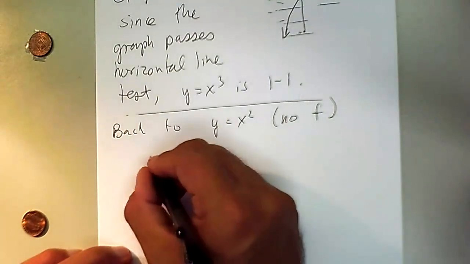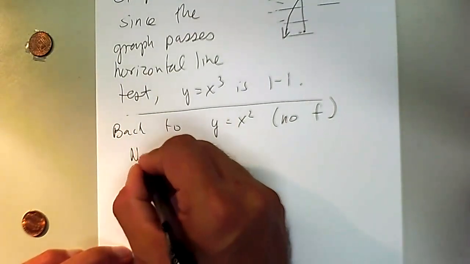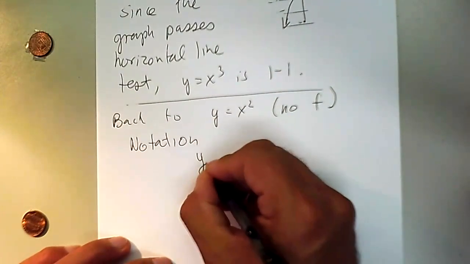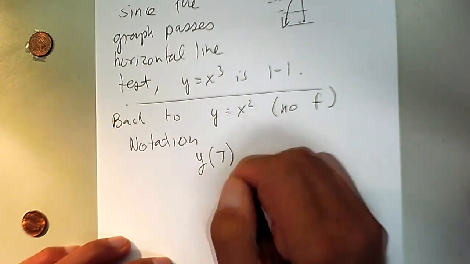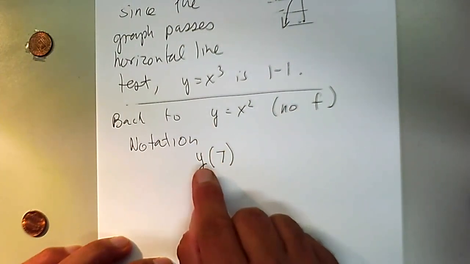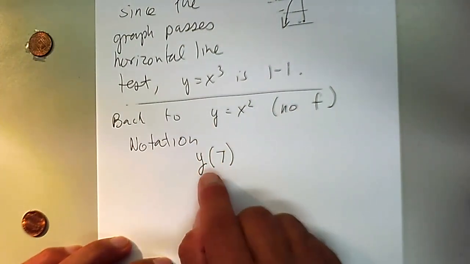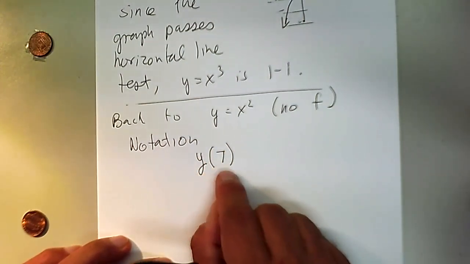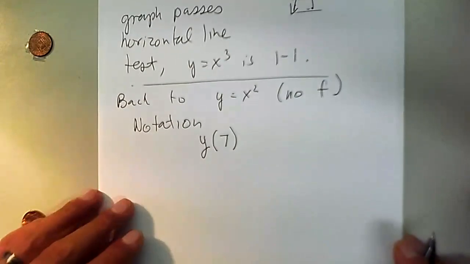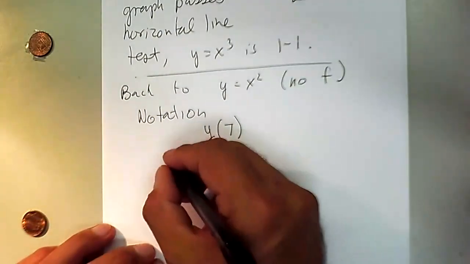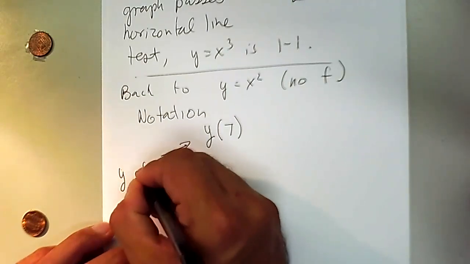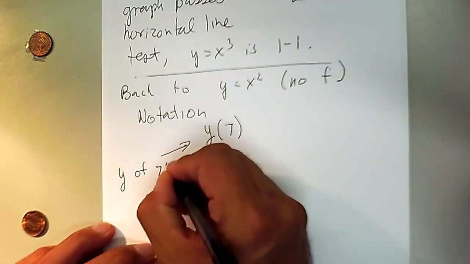Well, this is a matter of notation. The notation we use is y of 7. So even though this was not an f of x, we can still use the same kind of notation. This is not read as y times 7, although on some occasions it could look like y times 7. But no, we read this as y of 7.